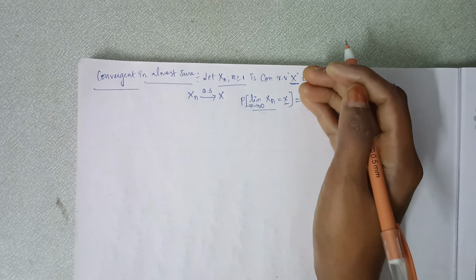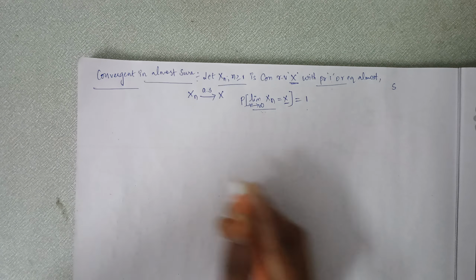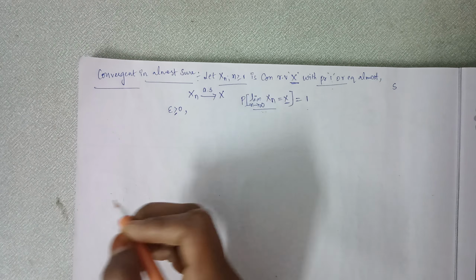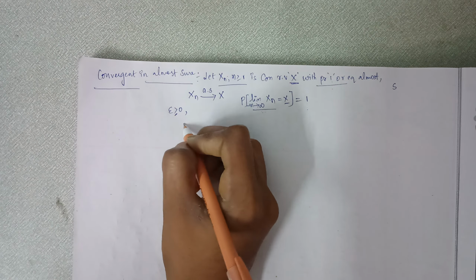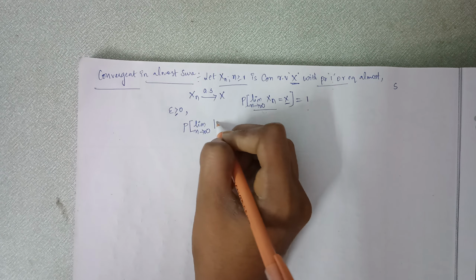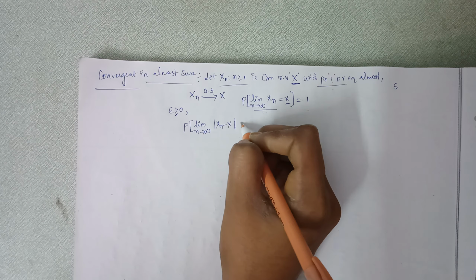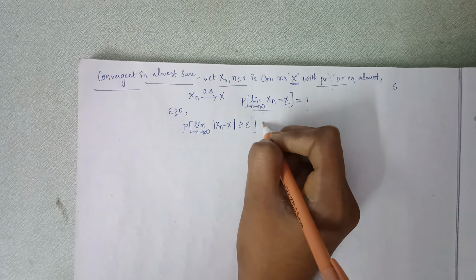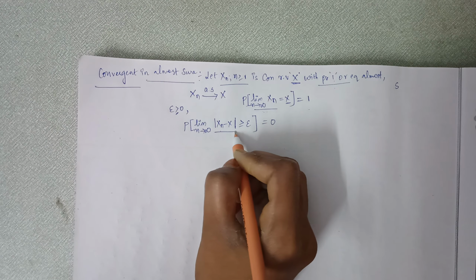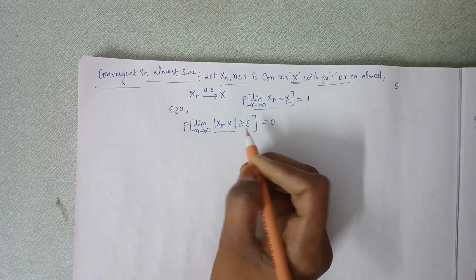And we have some other definitions also. If epsilon is greater than 0, probability limit n tends to infinity mod Xn minus X greater than or equal to epsilon is equal to 0. If the difference between the sequence of random variables and the limit point is greater than or equal to epsilon, that probability should be equal to 0.